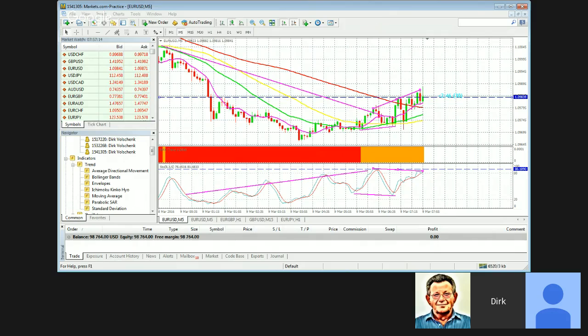Okay, so far that's looking good. I like the way that's running. Inverse hammer maybe? Well, still too early to tell. Only halfway through that candle.